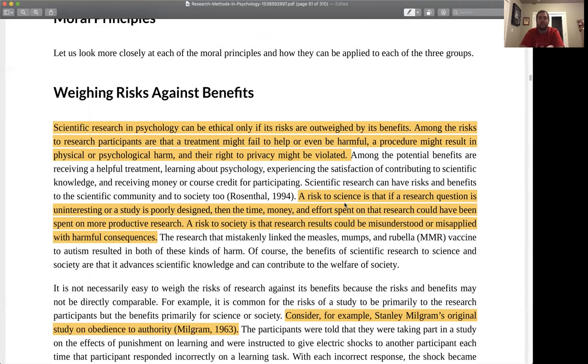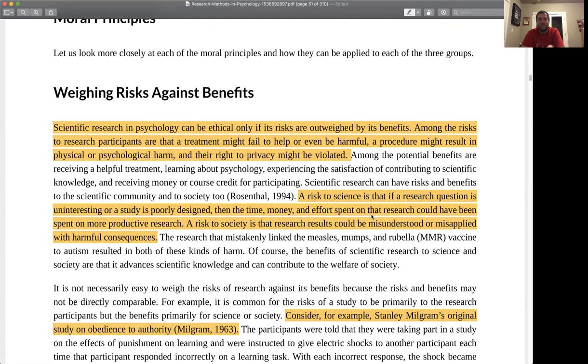We want to do our best to minimize those things and ensure that we are keeping our participants' rights from being violated. So those are risks to participants. Risk to science is that the research is uninteresting or poorly designed.